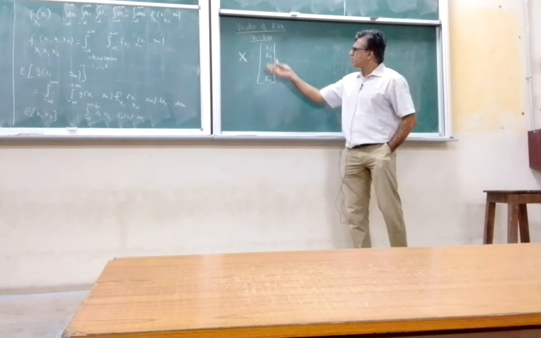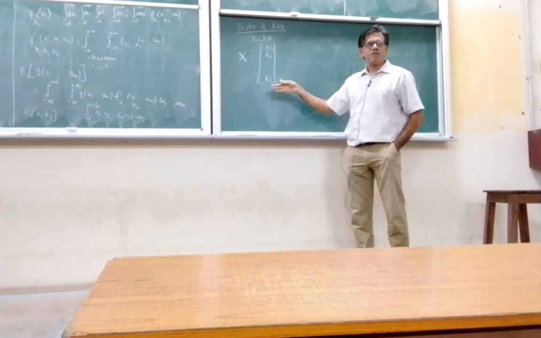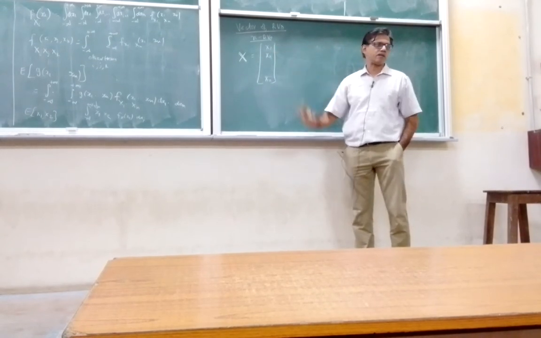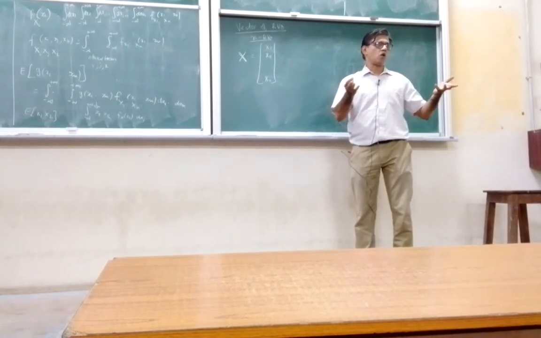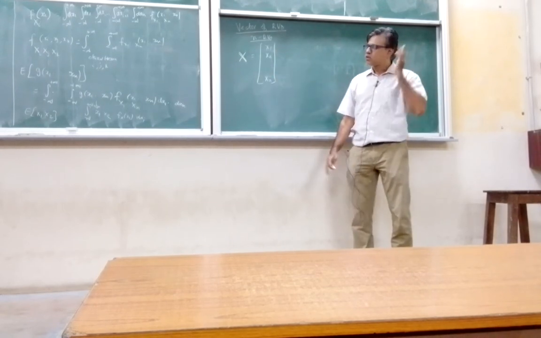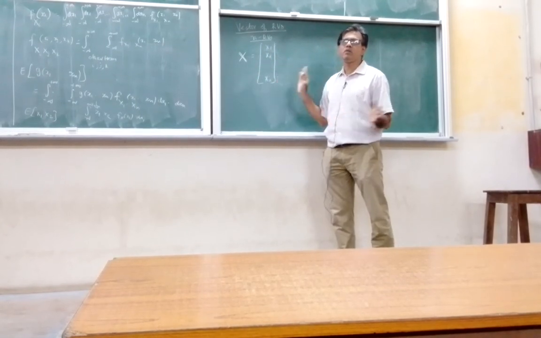The convention is that when we say random vector, we mean the variables are arranged in a column. It's a column vector. You can also define it as a row vector and deal with it, but this is the convention.